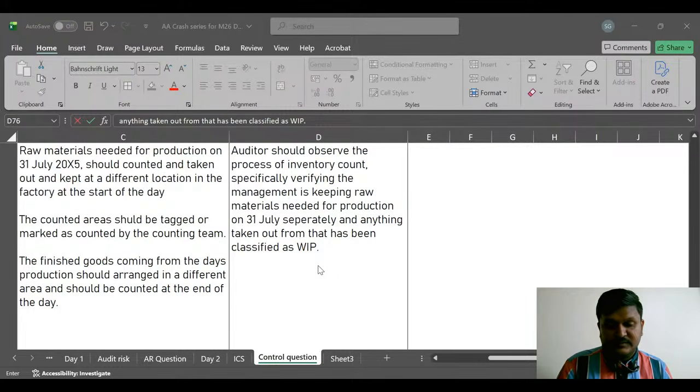We can consider that. Okay, now the second thing we mentioned as a control over here is that counted areas should be tagged as marked as counted.